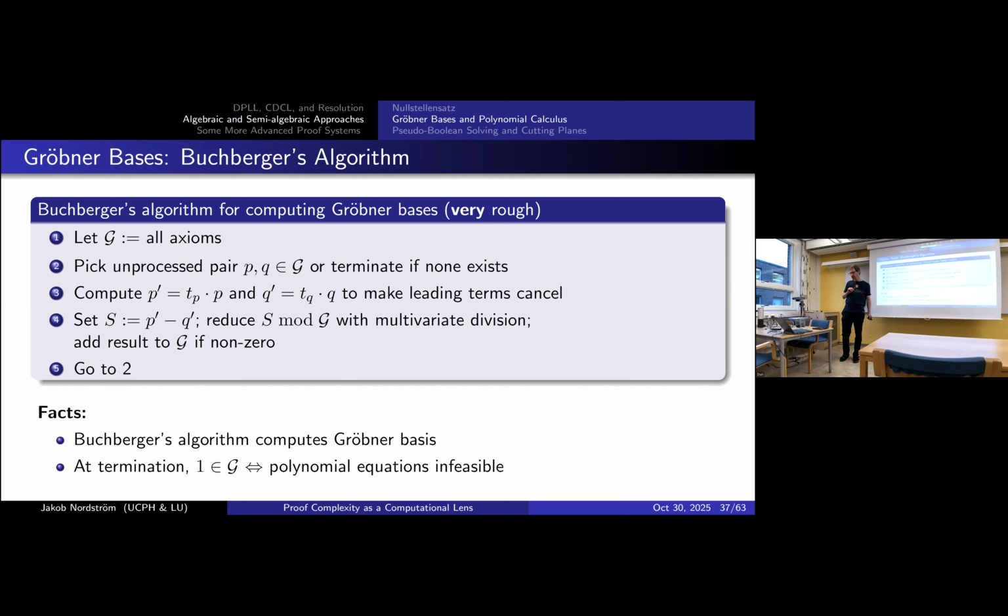The end result of this is guaranteed to be a Gröbner basis, which requires a proof. Another thing that requires a proof is that the field identity element 1 will be in the Gröbner basis if and only if the set of input polynomials is infeasible. Again, all of this very clearly requires a proof, but it's mathematical.